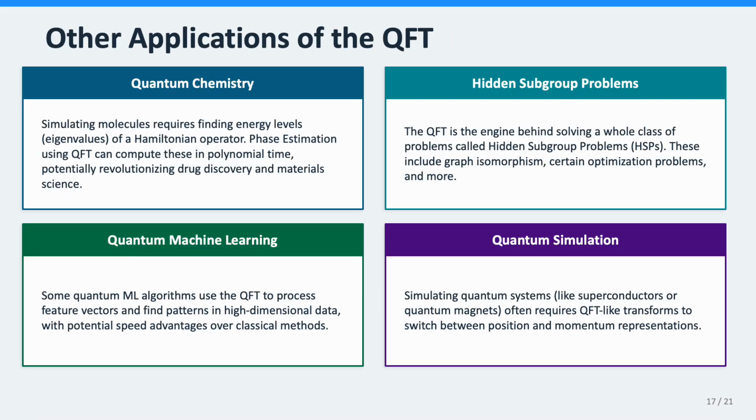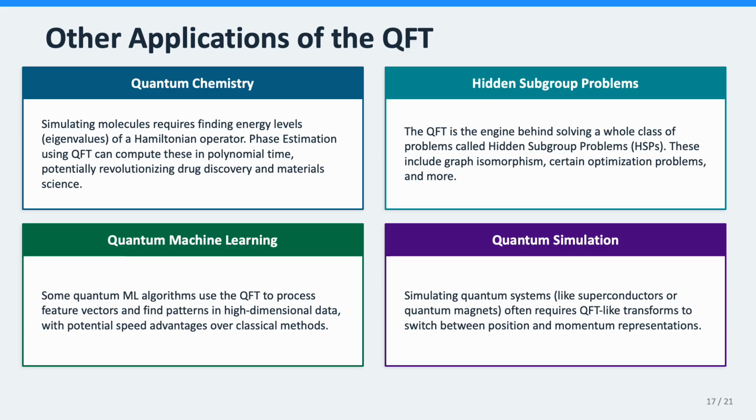Phase estimation and Shor's algorithm are the most famous uses of the QFT, but they are far from the only ones. In quantum chemistry, simulating how molecules behave requires finding the energy levels of a mathematical object called the Hamiltonian operator.